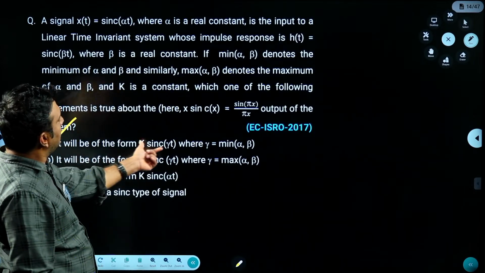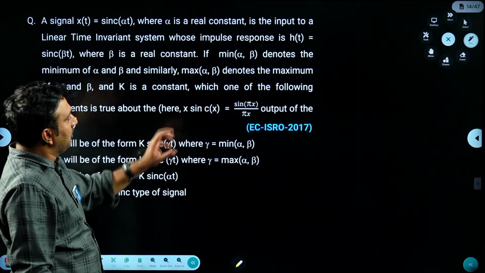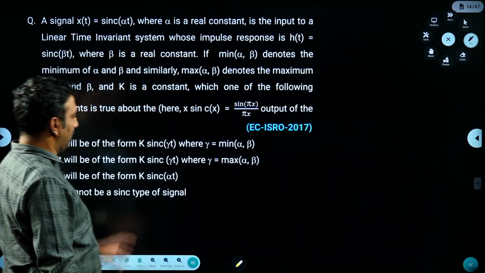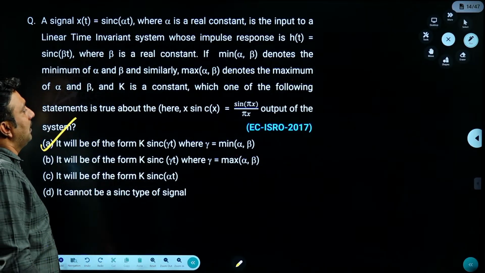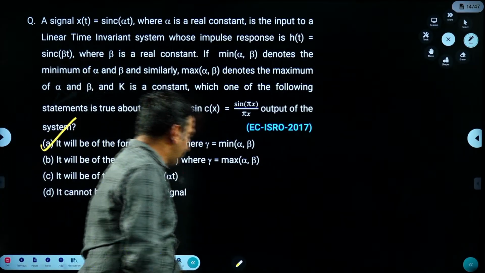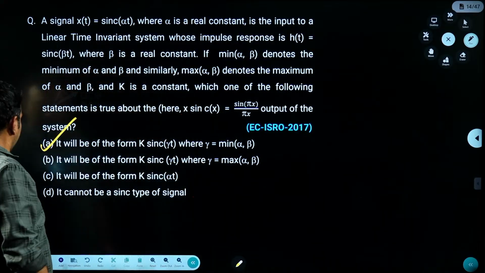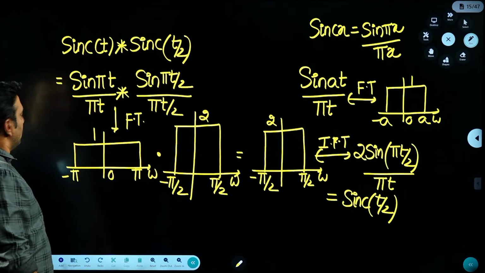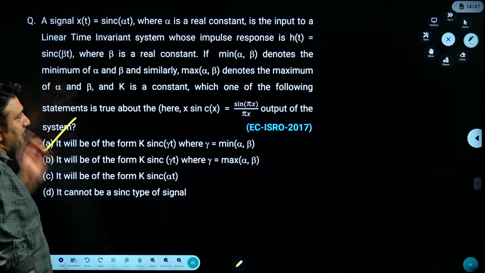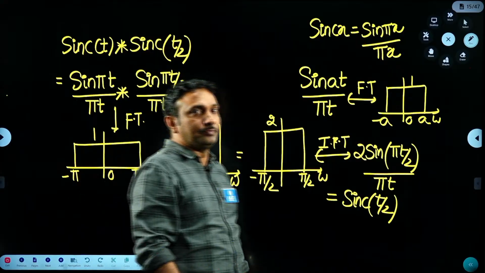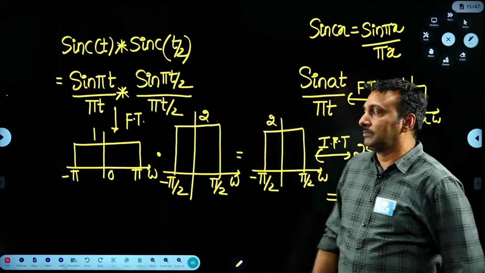So again the resultant answer is in Sinc form with gamma as minimum of alpha beta. One of the finest questions we got. So for easiness, I have taken specific numbers for explanation purpose.